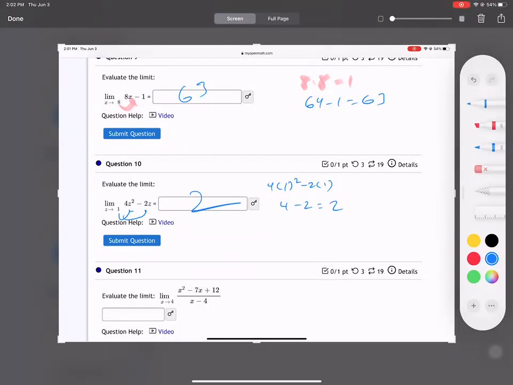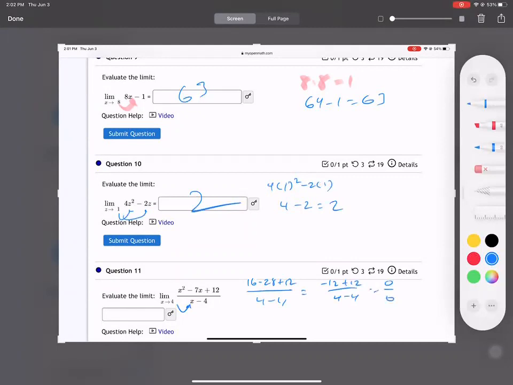But the third problem is a fraction, and weird things can happen in a fraction. If I plug in 4, that's 4 squared, 16, minus 28 plus 12, over 4 minus 4. This gives us negative 12 plus 12 over 4 minus 4, which is 0 over 0.